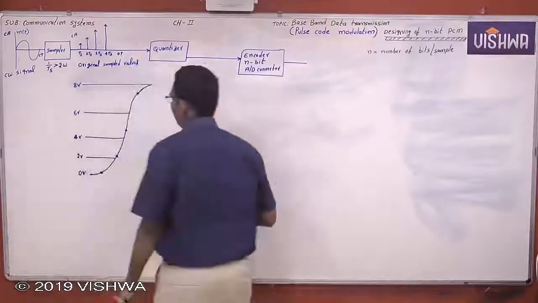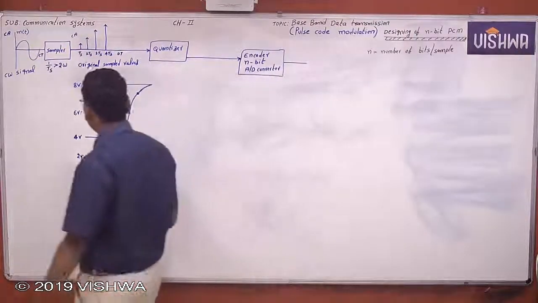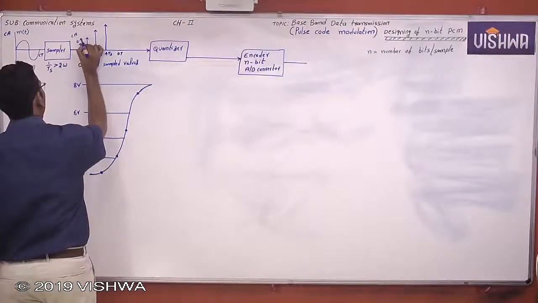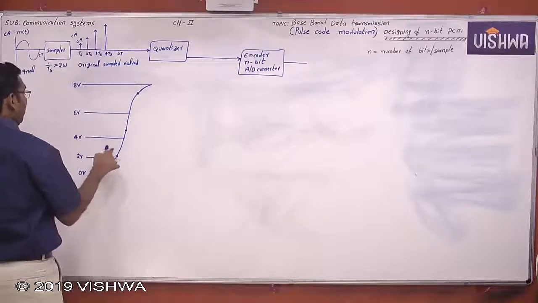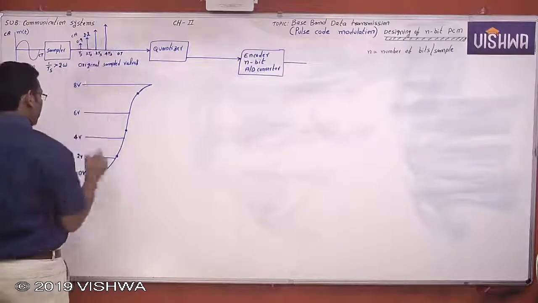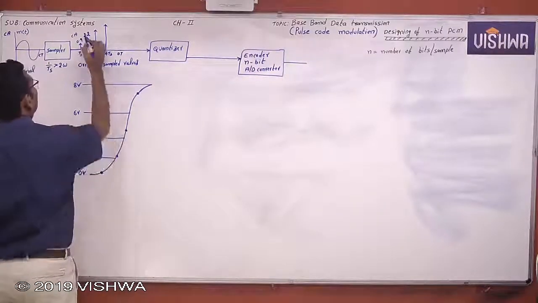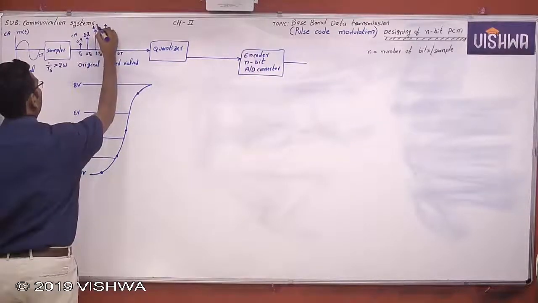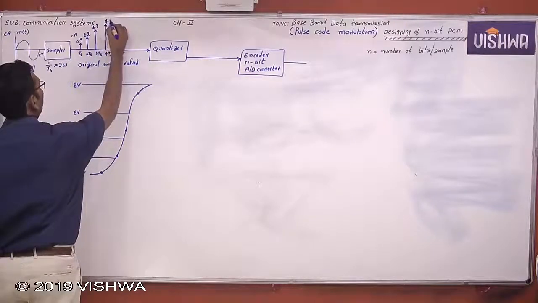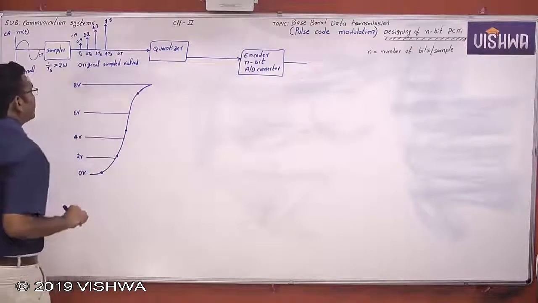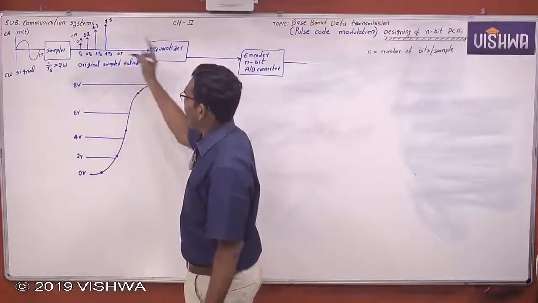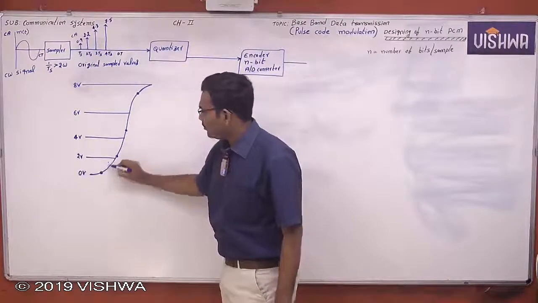Now I will write the values here. This is 0.9. Now this is 2.2 something. Now this is 4.3. Now this is 6 and 8. This is some 7.5 something. Okay, now these are the original sample values at Ts seconds, at 2Ts, at 3Ts, at 4Ts. These are the sample values.